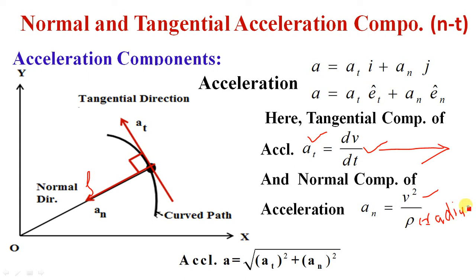In this topic, you just have to remember the formulas. So what we have to remember: Vn is 0, Vt is equal to V, At is equal to dV by dt, and An is equal to V square upon rho. And the total acceleration A we can calculate as the square root of At square plus An square.